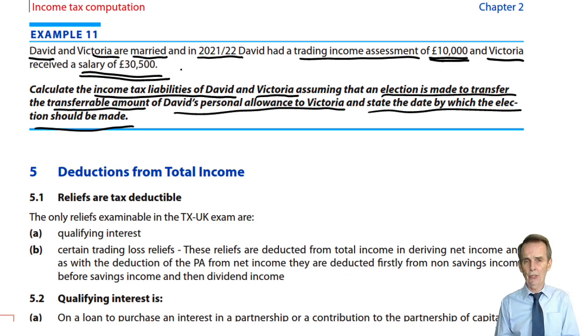She's got her own personal allowance, of course, to bring you down to taxable income. That's all non-savings, basic rate taxable income. Calculate that, but then take your reduction for the transferable amount of that personal allowance: your £1,260 at 20%, which of course comes to £252. So pause now to work through that for yourself, and then we'll have a quick look at that before finishing off this long lecture.